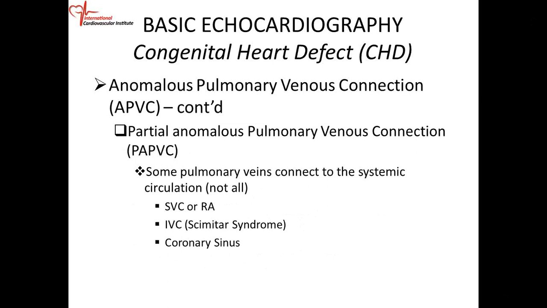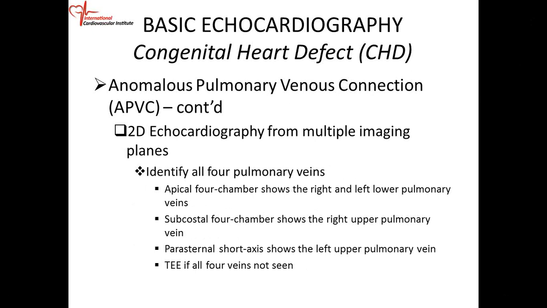Scimitar syndrome is when the pulmonary veins drain into the inferior vena cava. Or again, you might have some draining into the coronary sinus, but not all. When all of them drain, then you have total.